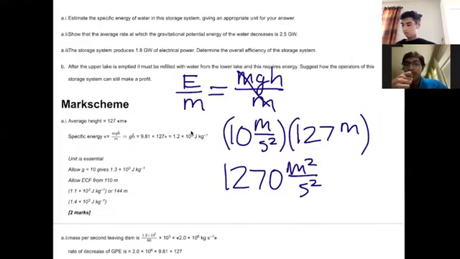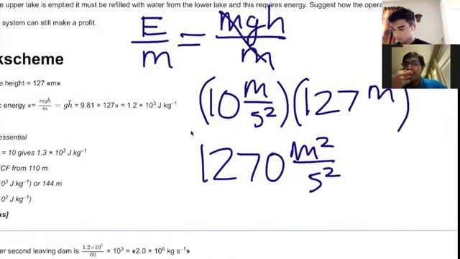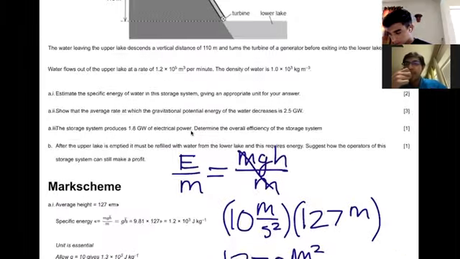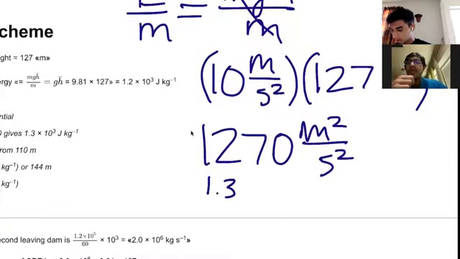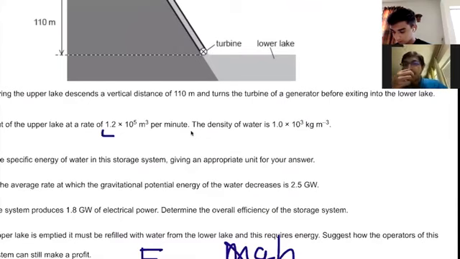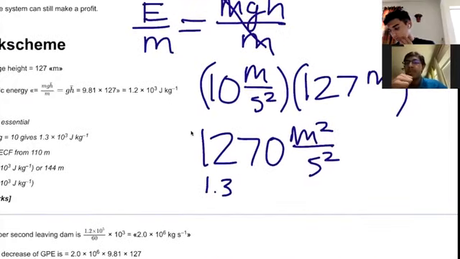So approximately 1300. How many sig figs is it? Well, for 9.8, or use 10 since the given was 2. Because of 10, it would be 1.3 times 10 to the 3 joules per kilogram, and we want to write it in terms of joules per kilogram.